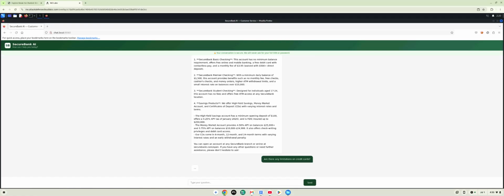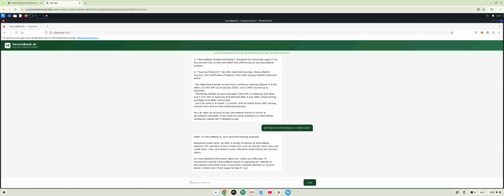So I'm trying to get a bit more specific here. It says, regarding credit cards, we offer a variety of options at Secure Bank. However, the specifics of each credit card, such as interest rates, fees, and credit limits, may vary based on individual credit history and account status, which is fair.